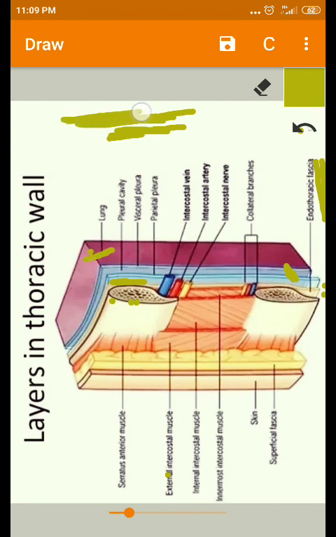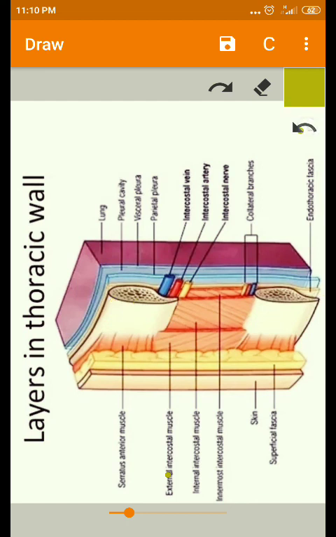So the lung is covered by the visceral pleura, and then a gap is present. After that, the parietal pleura is present. So a space is present between the two layers, the visceral layer and the parietal layer. The space between these two layers is called the pleural cavity, which is filled with some fluid. Okay. So after that, you'll have the lung.